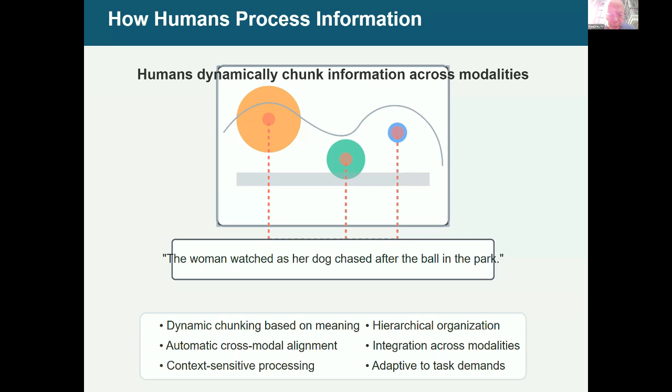The way we group information changes depending on what we are focusing on and what task we are trying to accomplish. This chunking process helps us overcome the natural limitation of our working memory. Let's move to the next slide.